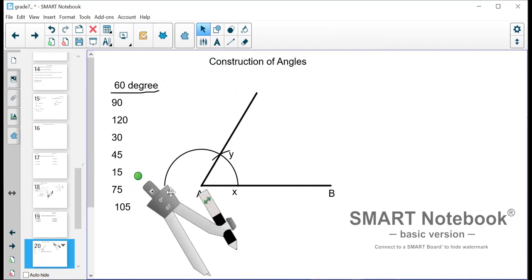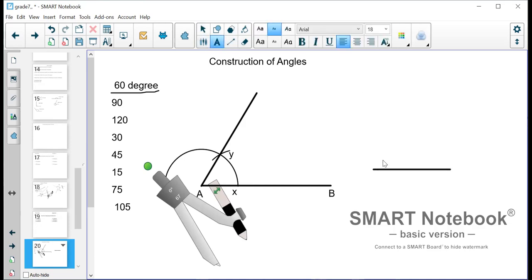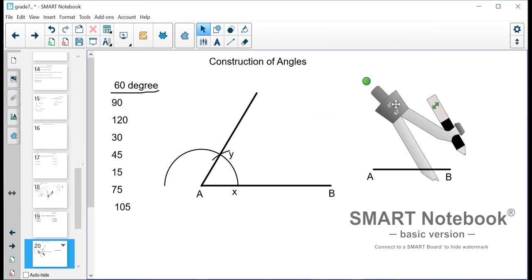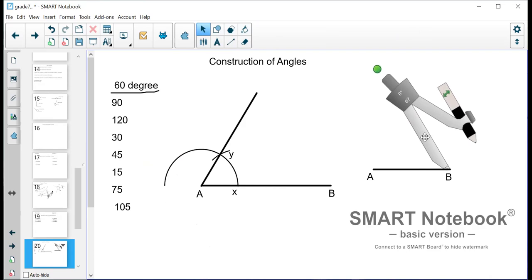Now, if you want to draw this from B, we have A and we have B. If you want to draw the angle from B, then the steps will be the same.